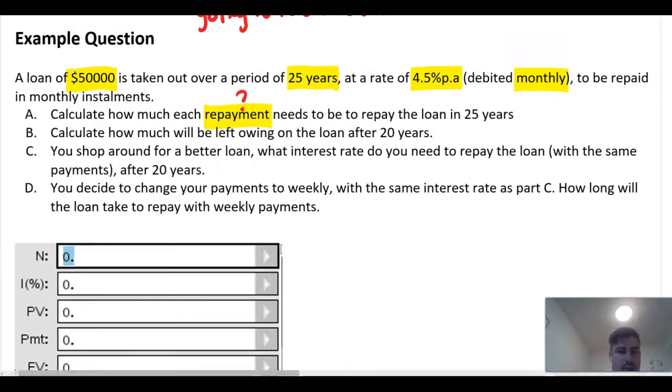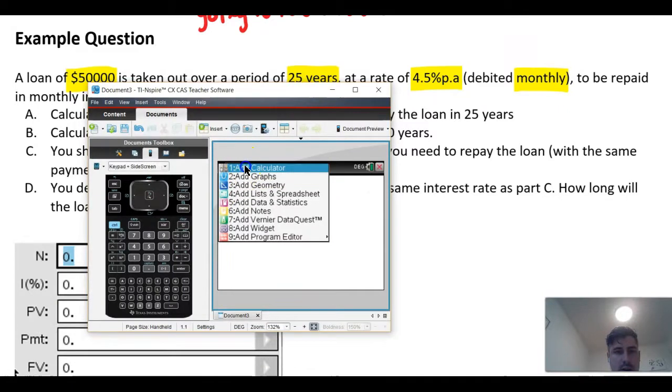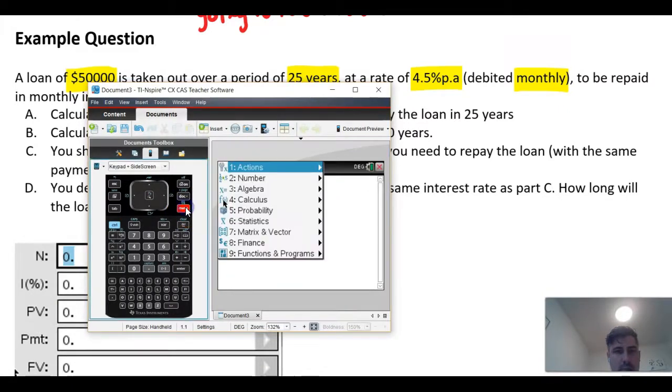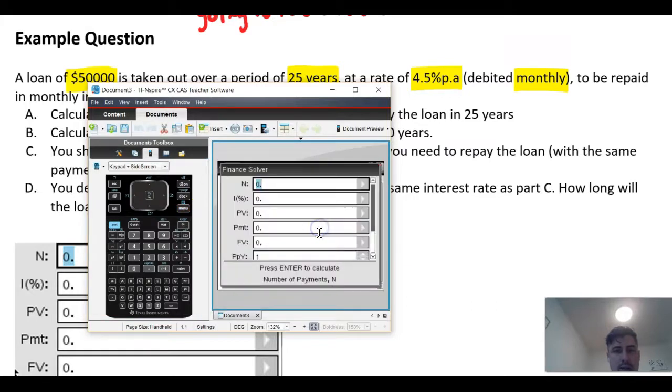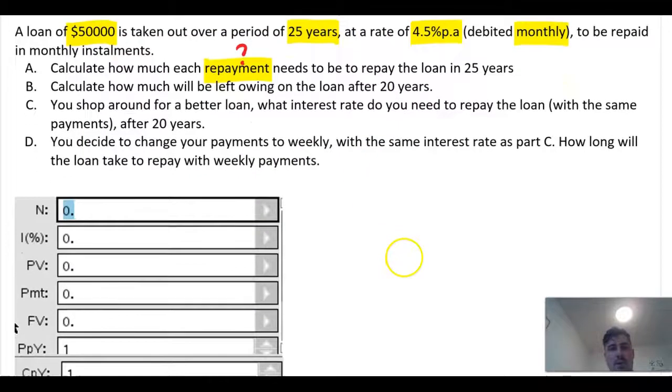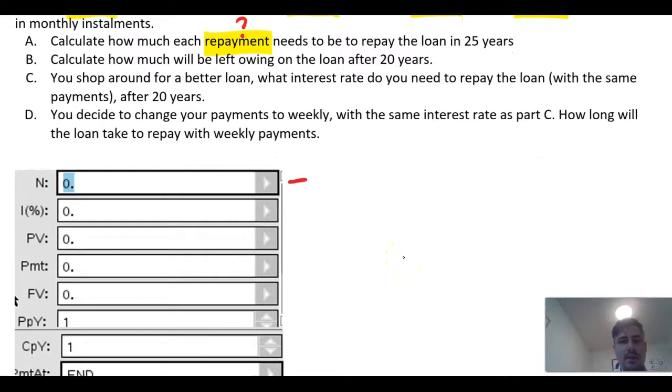Now I'll show you how to open up Finance Solver. You go to your calculator page and you press Menu, Finance, and it's the top one, Finance Solver. And you'll be presented with all of these boxes to fill in. So this is where I'm going to explain what each box is. N is the number of payments, not to be confused with number of years, number of payments.